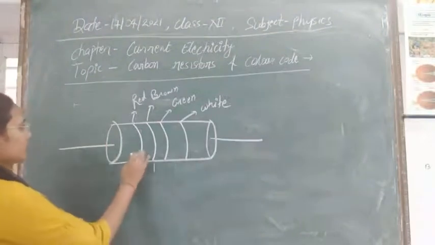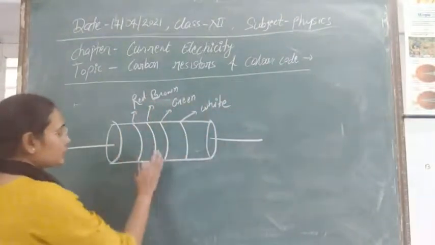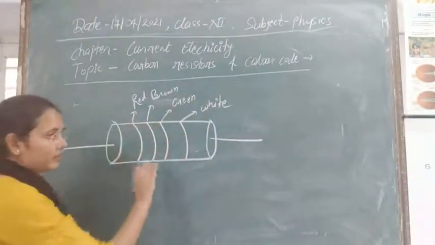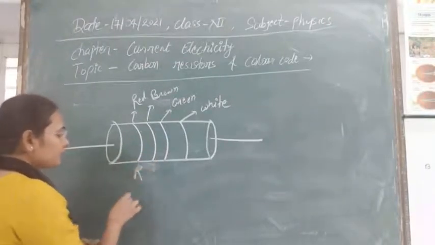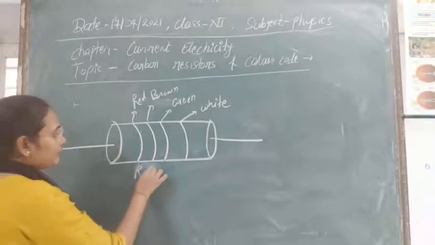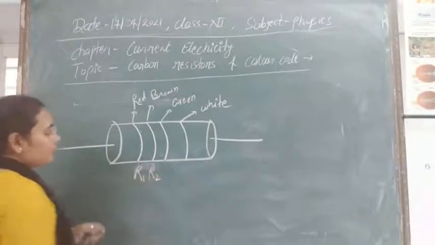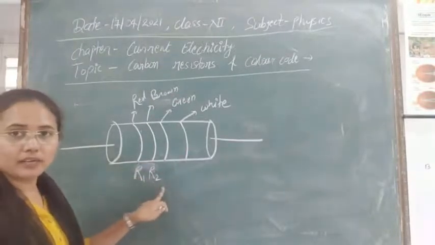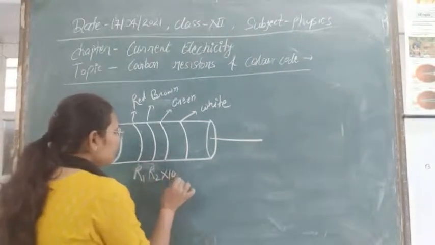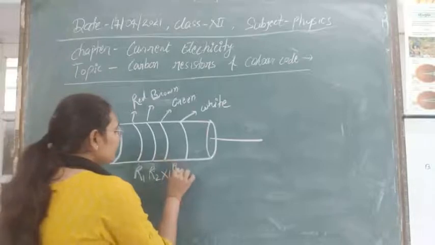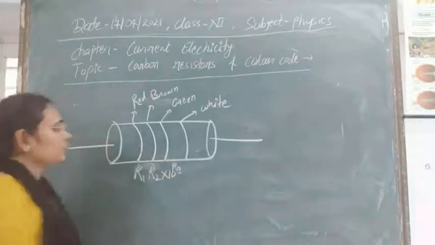Suppose for the first band I am not taking any specific color. If R1 is the number for the first color, we will write R1. If R2 is the number for the second color, we will write R2. And for the third color we will use the multiplier. Suppose R3 is the number, then we will use 10 to the power R3.